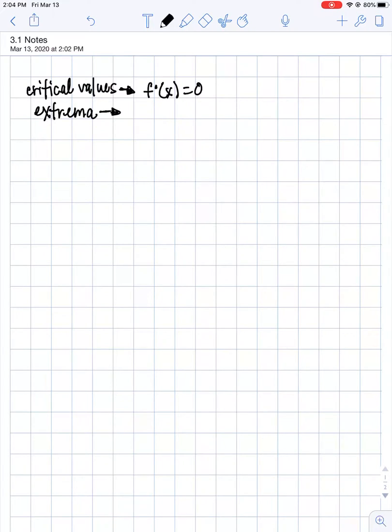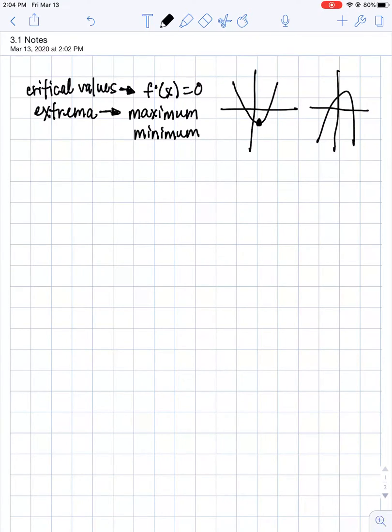Extrema, gang, is just a fancy word for maximums and minimums. And just to break it down even further, you and I both know that this is an example of a minimum and this is an example of a maximum. Those are two big ideas that we're going to talk about in this section.